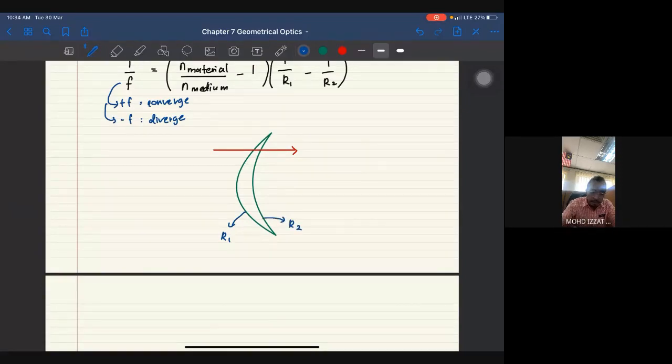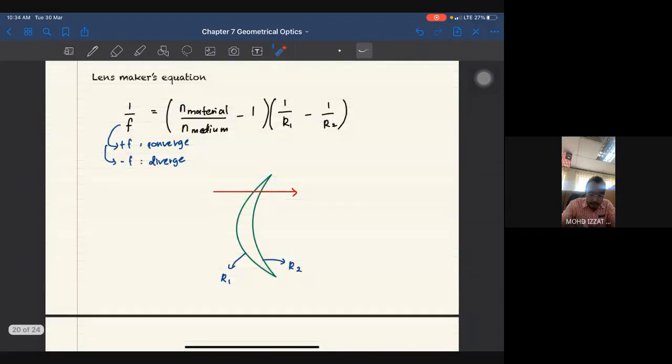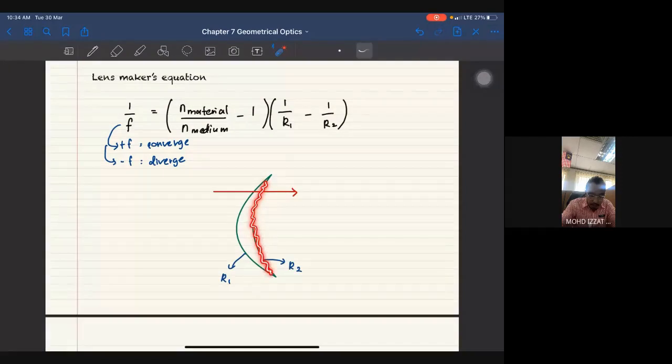So for R1 you have to determine whether it is positive or negative. And since this is a vector equation, macam mana nak tentukan positive or negative, you have to ask yourself lah. Ignore this part. We just focus on R1 first. When the light hits the surface, will the light be converging or diverging, considering that this is the type of surface? Converge ke diverge?